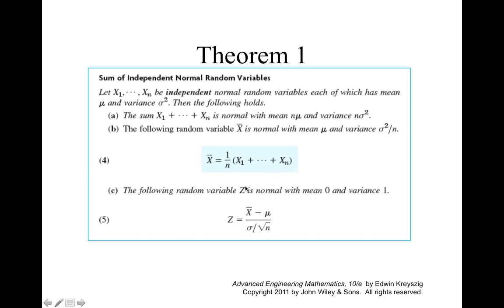Z is going to be a normal with mean 0 and variance 1, because what we're going to do is take this x. Now remember, x is our average value. We're going to take x and subtract mu, which is the mean, and divide by sigma over the square root of n. Notice that's the square root of this parameter here.